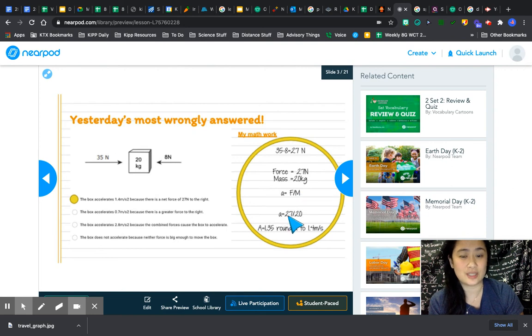So I took 27 divided by 20, and I got 1.35, and that rounds to 1.4. So the only correct answer is the first one. The box accelerates by 1.4 meters per second squared because there's a net force of 27 newtons to the right. That makes it go to the right.